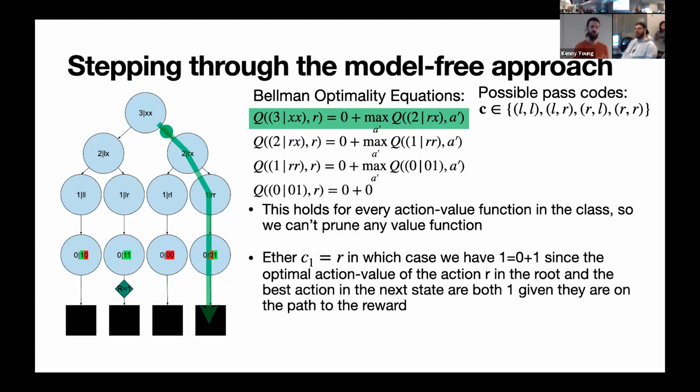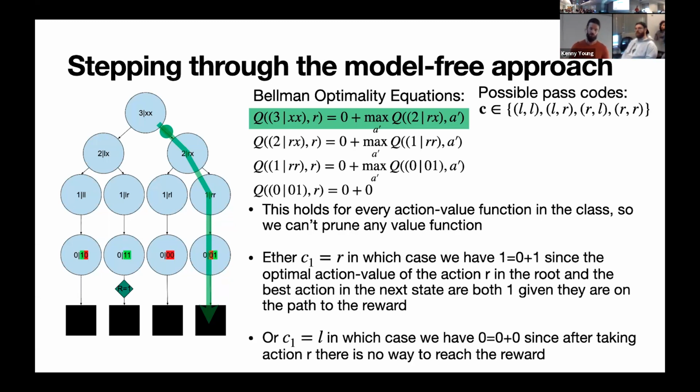So if the first digit of the passcode really was R, then yes, this holds. On the other hand, if the first digit of the passcode was L, then this just reduces to 0 equals 0 plus 0, because we already took an incorrect action, so the value of that action has to be 0. And the value of the next state we arrive at, the best action there, is also 0. So it also holds in the case where the first digit of the passcode is L instead.